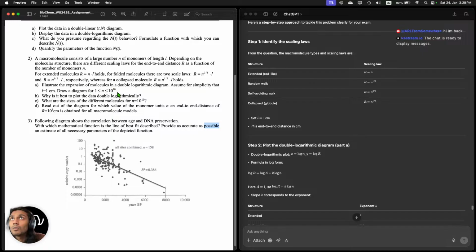Assume for simplicity that L equals 1 centimeter. Draw a diagram for one. Why is it best to plot the data logarithmically? What are the sizes?